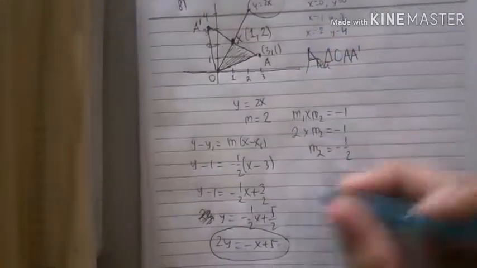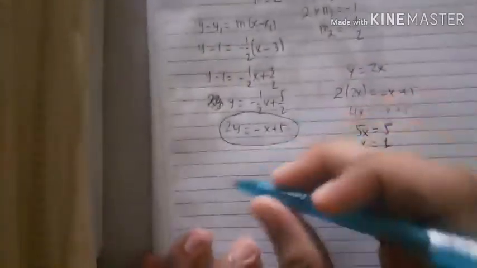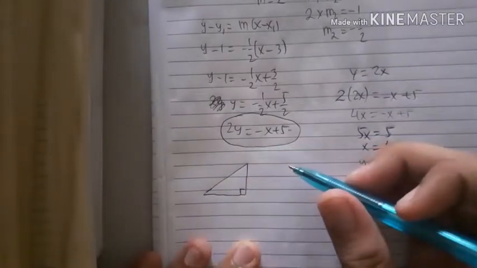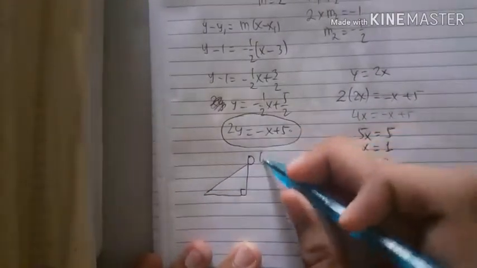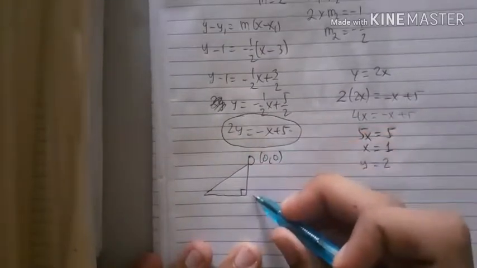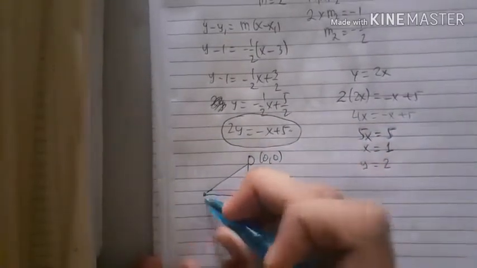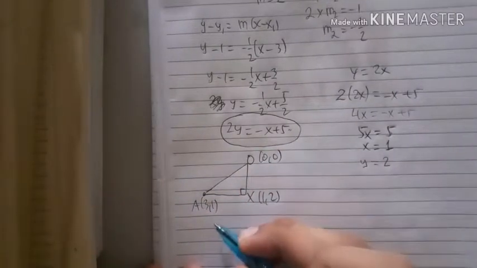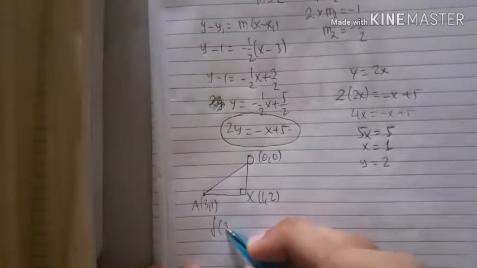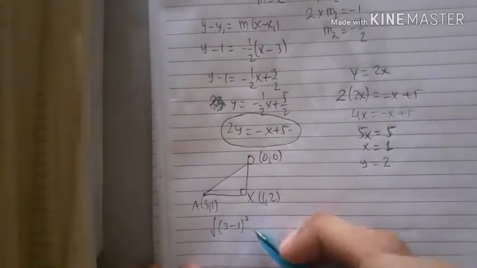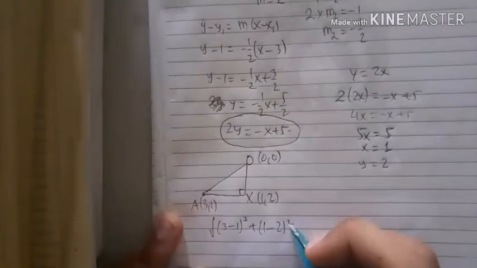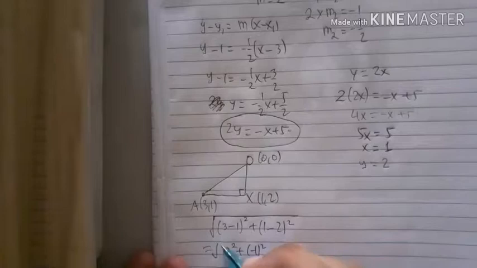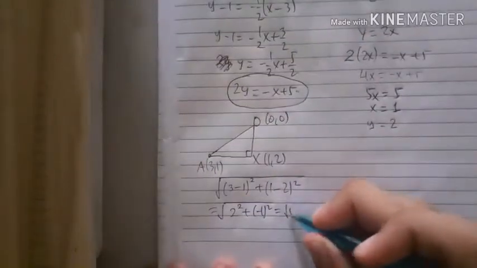Now we need to find this length and this length, and we get the area of the triangle. Let's redraw that as a simple triangle. That is O (0,0), we have X (1,2), we have A (3,1). We can find this length with the distance formula: 2 squared plus minus 1 squared, which is root 5.